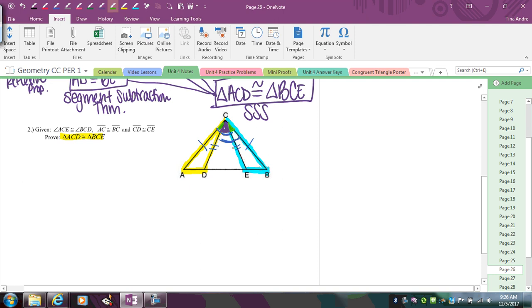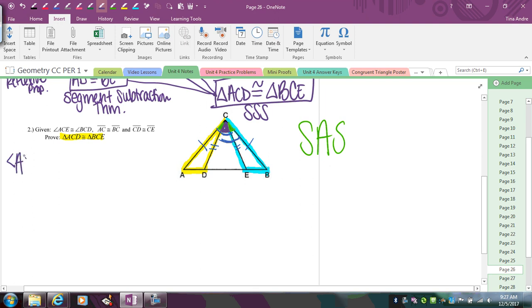Because if the whole things are congruent and you subtract off the same thing, or this congruent part, that shows the other pieces are congruent. So then this is going to be side angle side, because now I'll have the angle in between the two sets of sides. So let's go ahead and write down our givens.